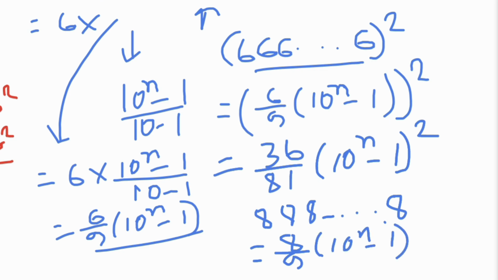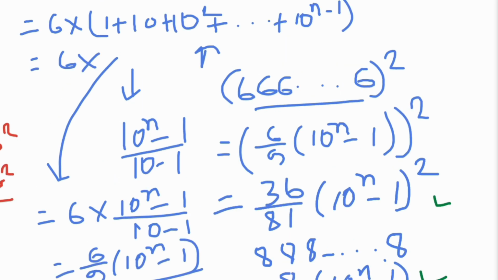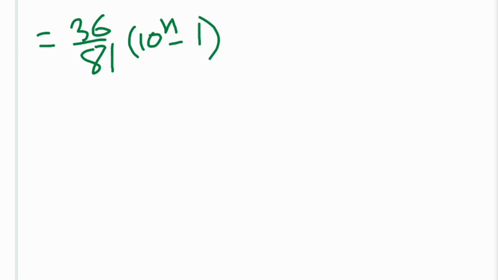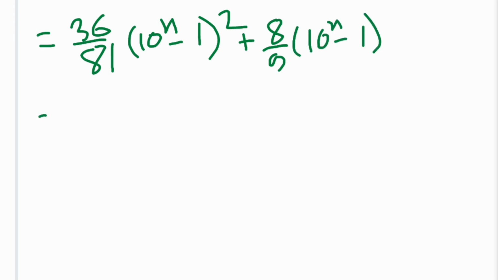If we add this one and this one, we'll get our target sum. So let's just add them. Our target sum is 36 over 81 into 10 raised to the power n minus 1 whole square, plus 8 over 9 into 10 raised to the power n minus 1. Let's take 10 raised to the power n minus 1 over 9 common out.